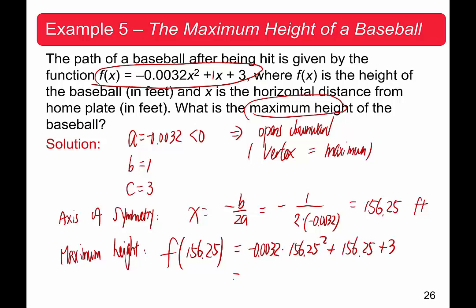Let's see what that is. It turned out to be 81.125 feet. So the maximum height should be 81.125 feet for this baseball to travel. And that's pretty much it.